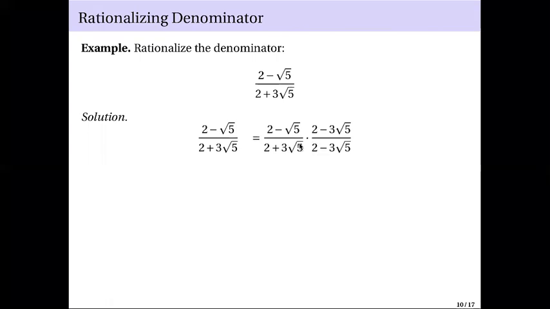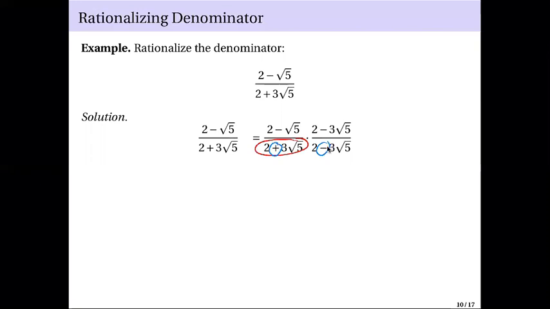So you have plus in here, you multiply the corresponding minus. So you have 2 minus the square root of 5 over 2 plus 3 square root of 5 times 2 minus square root of 5 over 2 minus square root of 5. So look at that. This is your denominator. It's a plus. You need to multiply the minus.